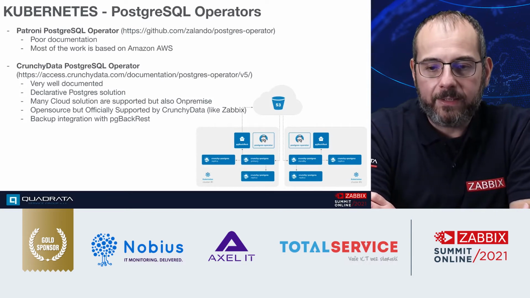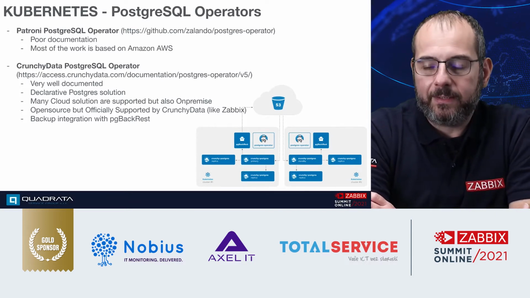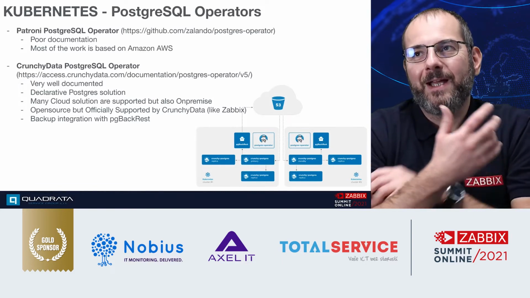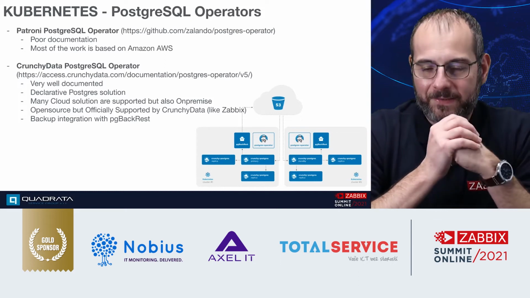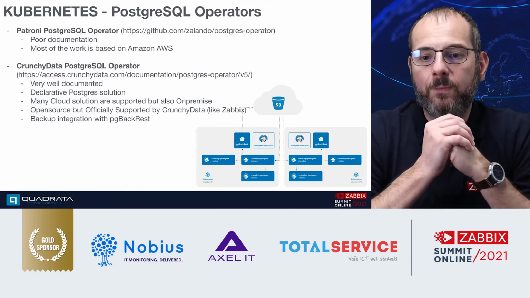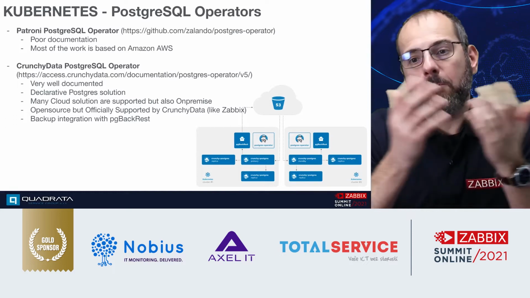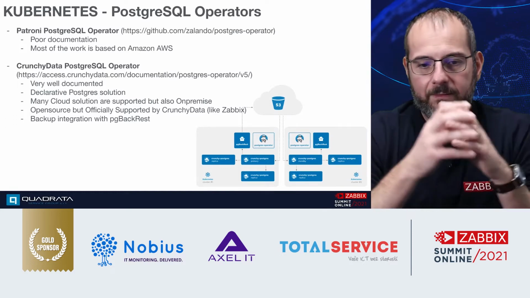To do that, we understood that we need an operator. An operator is a sort of automation inside Kubernetes to deploy and manage a Postgres cluster, or maybe multiple Postgres clusters.